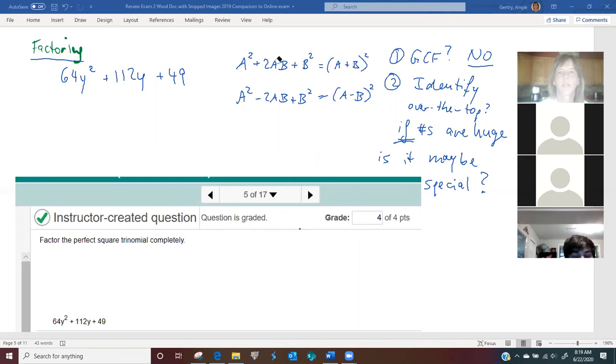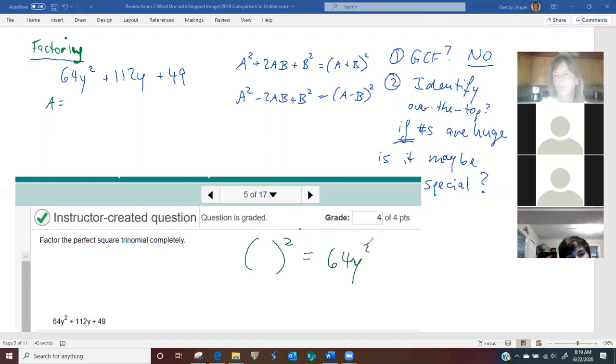So this thing here, you see how it's something squared. What squared is 64y squared? So I'm going to say, what would A be? I'll work it down here. This squared has to be 64y squared.